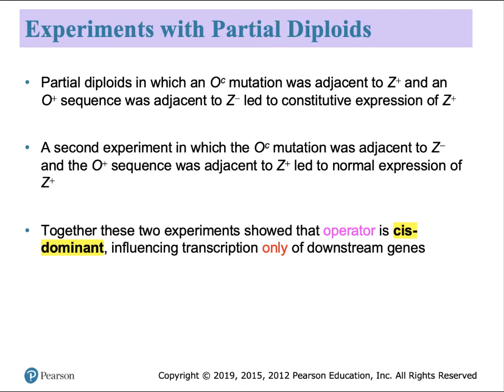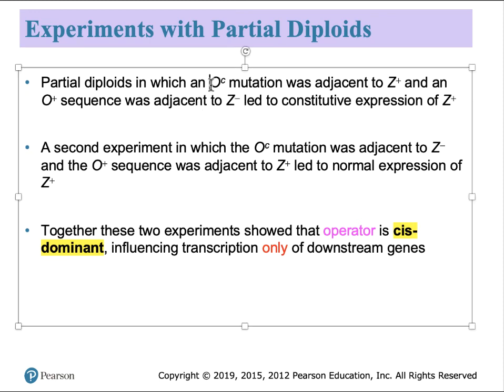By making partial hybrids using different types of chromosome and plasmid combinations, the scientists were able to show that if you had a piece of DNA in which the normal Z gene was tied physically on the same piece of DNA to the OC mutation, and at the same time you had in the same cell the wild-type operator tied to the Lac-Z mutant gene, this led to this piece of DNA being unable to be blocked.